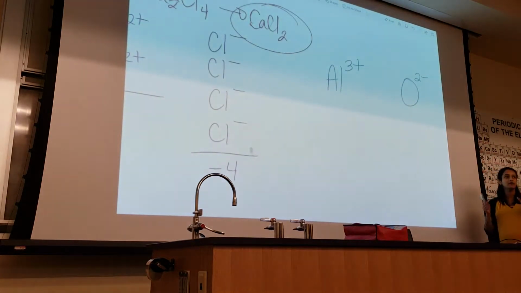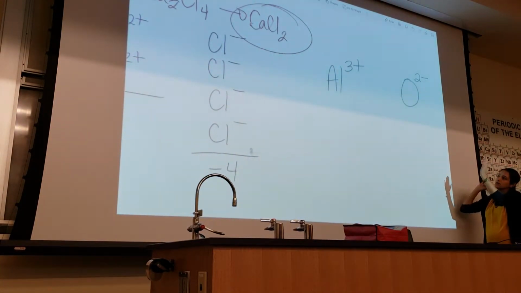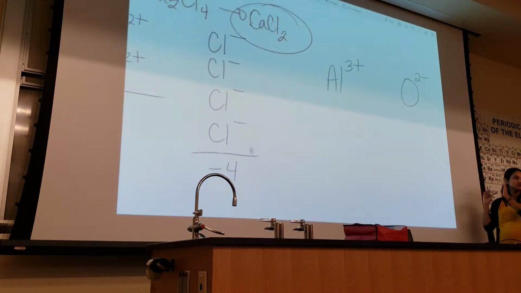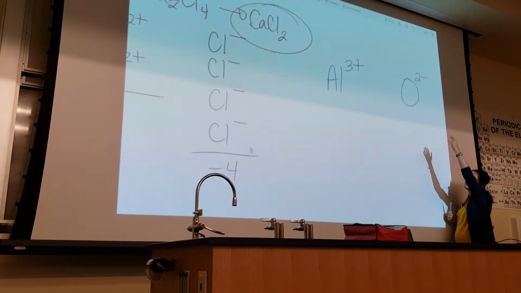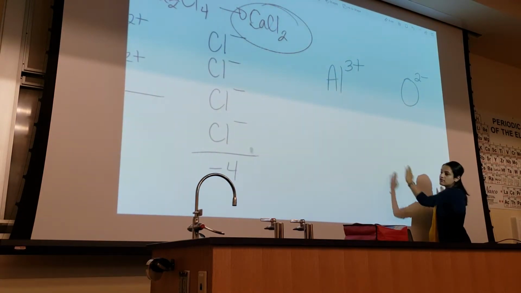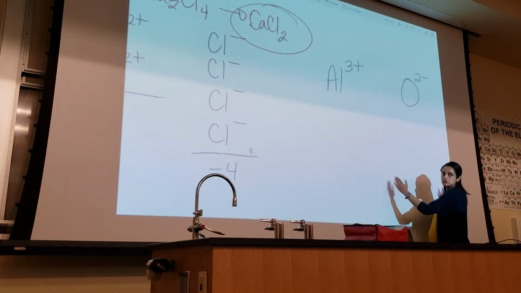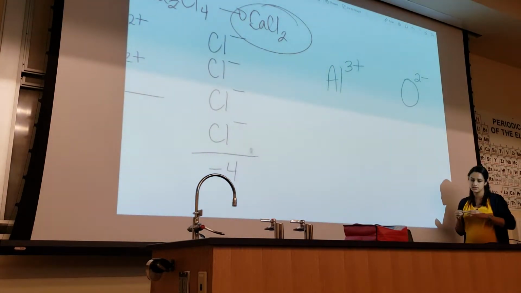Now, I have to figure out how many I need for both, that way the charges cancel out. 2 aluminum and 3 oxygen. When you look at this, look at the lowest common multiple between the two. I have a 3 here, a 2 here. So if I get both of them to 6, I'll have the same amount of charge, a plus 6 here, a negative 6 here.